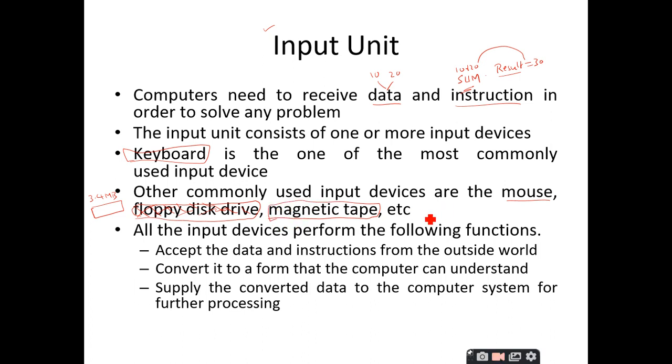We have CDs, compact discs, DVDs, digital versatile discs, and nowadays we are very much familiar with Blu-ray discs, which store a large amount of data. This CD is around 600 MB to 700 MB, this DVD is around 2 GB I think, and this Blu-ray disc will occupy more than this 2 GB.